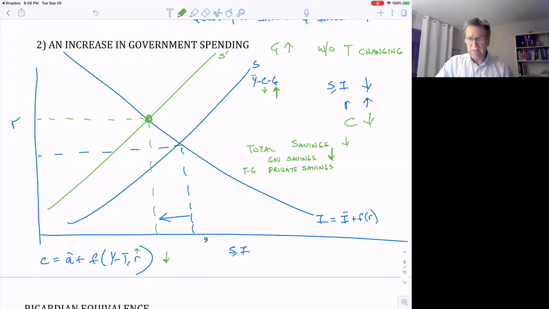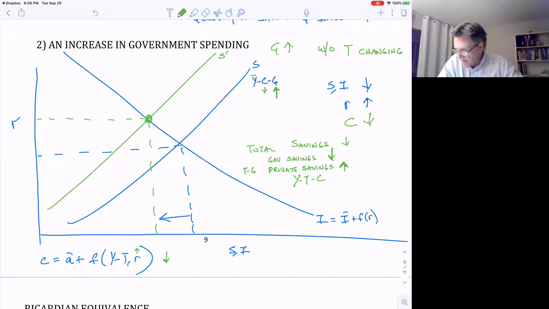Well, what about private savings? What happens there? It's a little harder to figure out. Private savings is Y minus T minus C. Y and T aren't changing, but C is dropping a little bit. That means that private savings actually has to go up. Total savings is falling here, but private savings is actually going up.